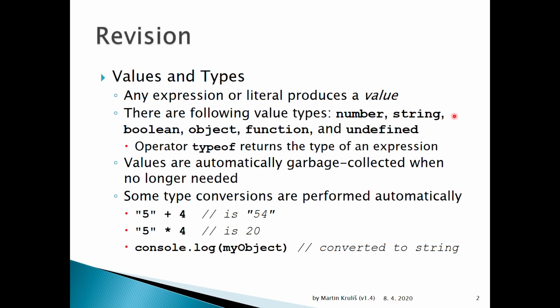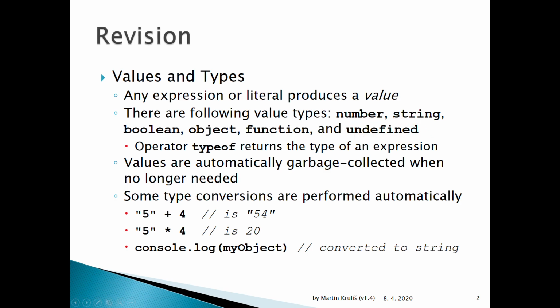Then we have basic types like string and boolean, and the most important type perhaps in JavaScript is object, because almost anything is an object. Also note that a function is a data type because we have first class citizen functions in JavaScript. And instead of null or empty data type, we have something called undefined.